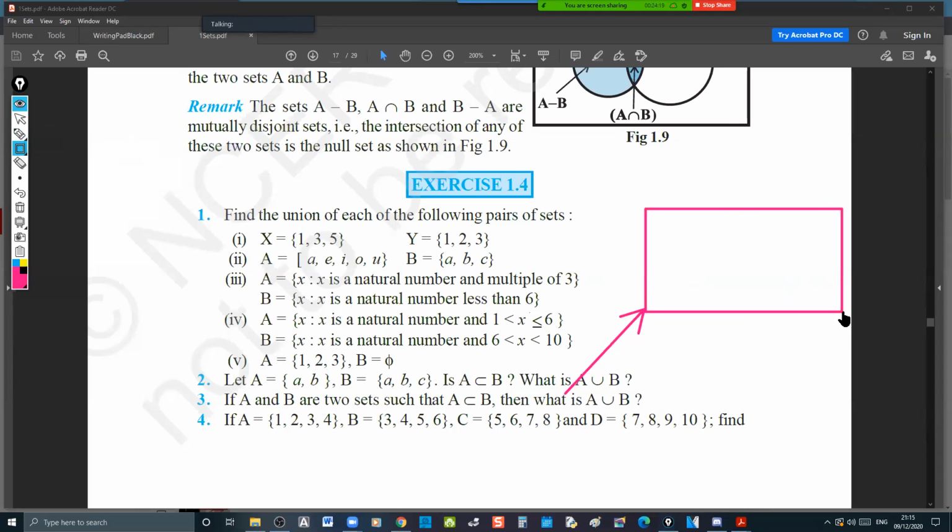If A and B are two sets such that A is a subset of B, then what is A union B?